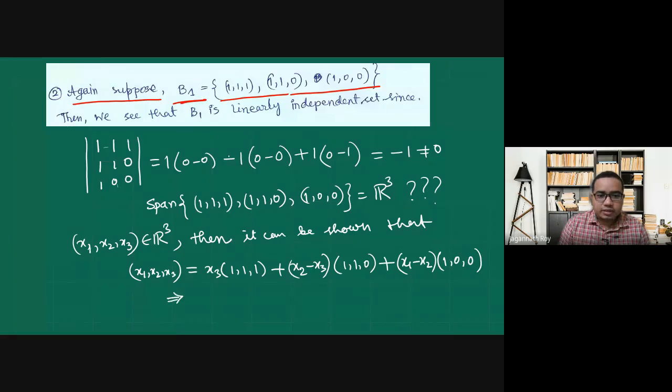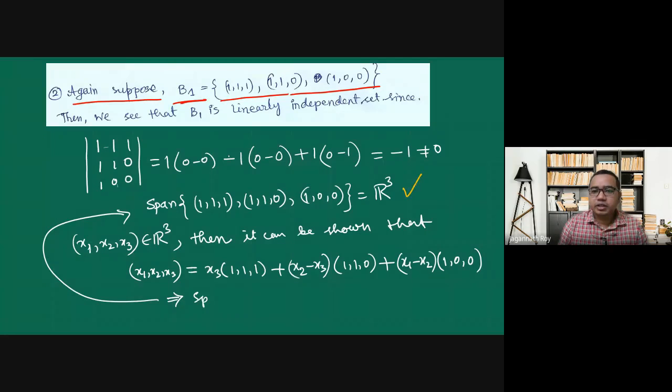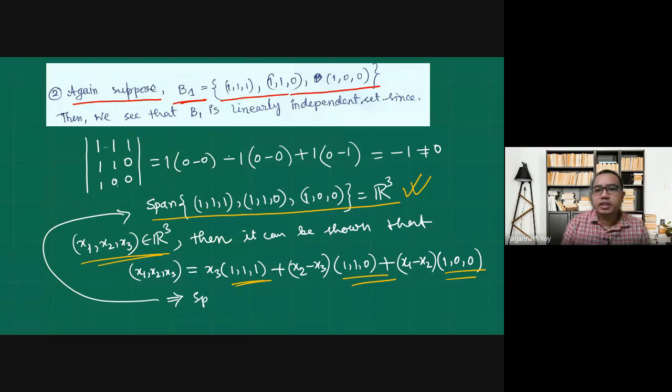So this implies that this equation is true. Since we can write any vector from R3 in terms of these three vectors, this relation is true, and we have already seen they are linearly independent.